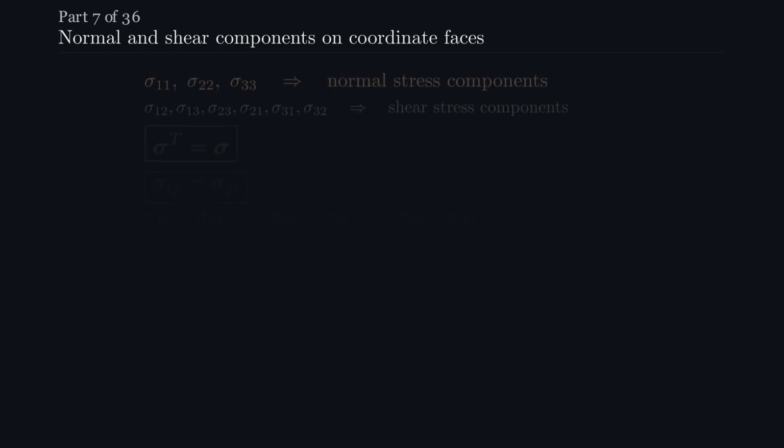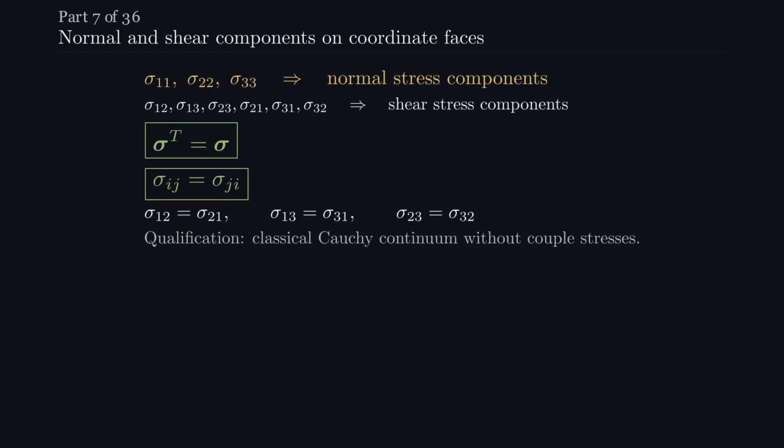The diagonal stress components are normal stress components on coordinate faces. The off-diagonal components are shear stress components. For a classical Cauchy continuum without couple stresses, angular momentum balance gives a symmetric stress tensor. This qualification matters because generalized continua can have non-symmetric stress.